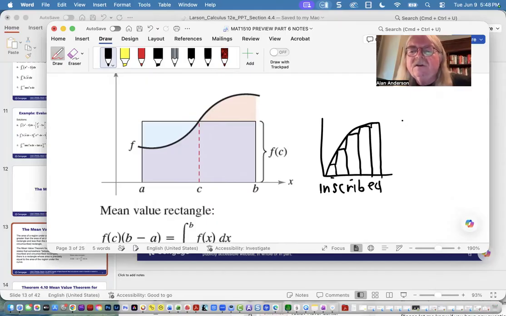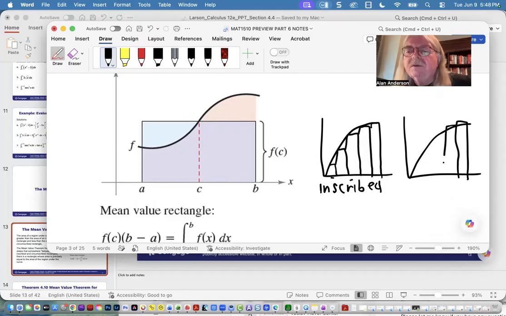And we can have circumscribed where it's too high. Because it depends on which endpoint we choose in the rectangle to connect to that curve. But we also saw that as we take the limit, as the number of rectangles goes to infinity, the two of them will converge to each other and they'll give us the actual area underneath the curve.